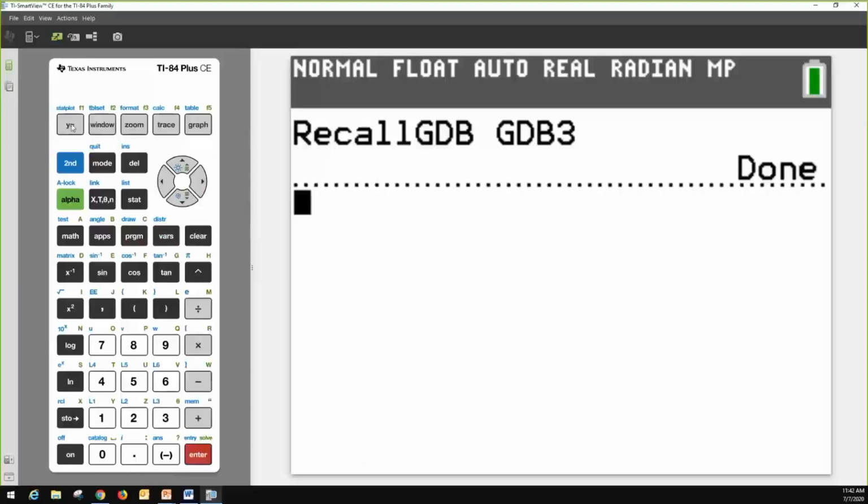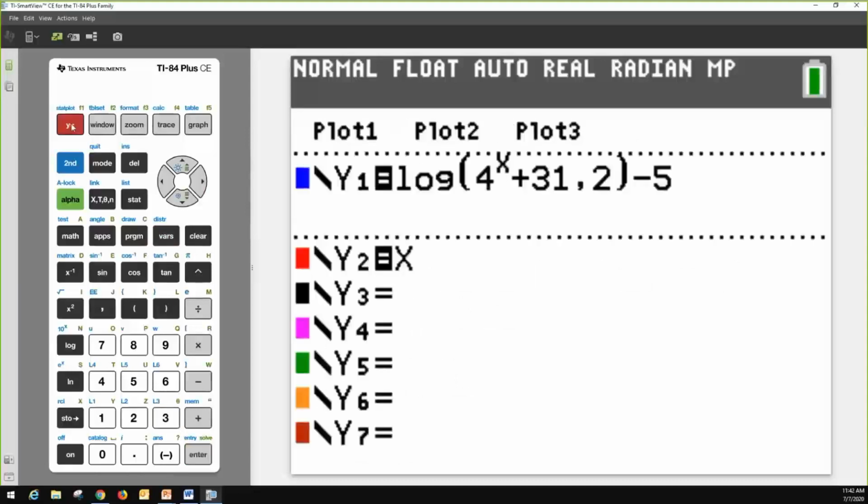I've just done this because it was quicker than typing the question in. So I've done the left-hand side of the equation, log of 4 to the x plus 31 in base 2, subtract 5, and the right-hand side of the equation as simply x. The other beauty about that graphical database is it recalled the window settings that I used for this question.